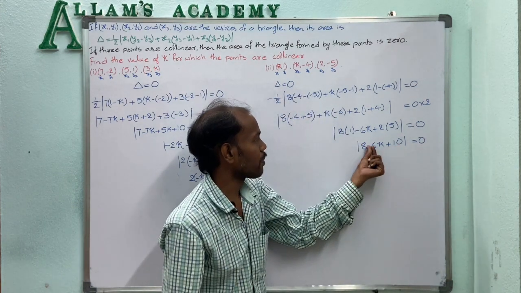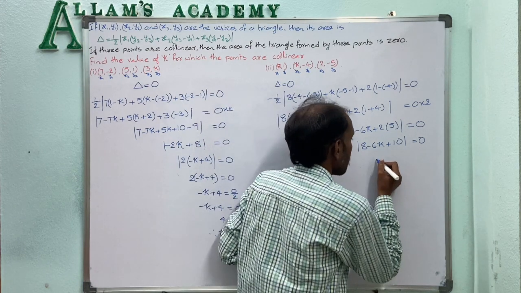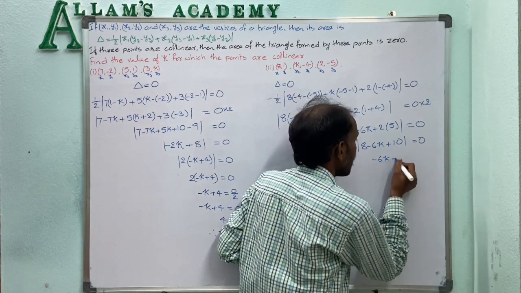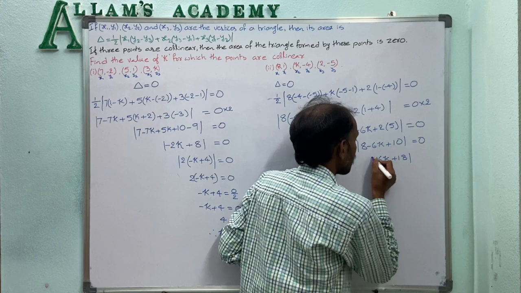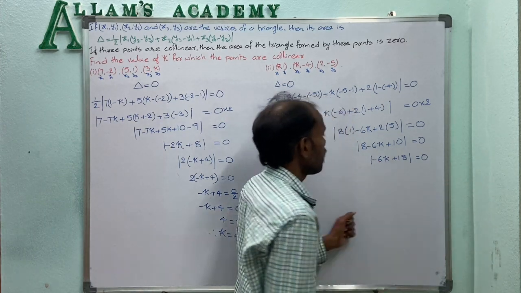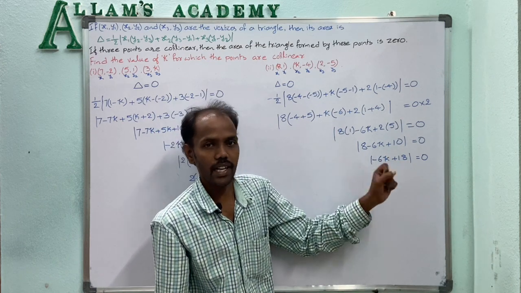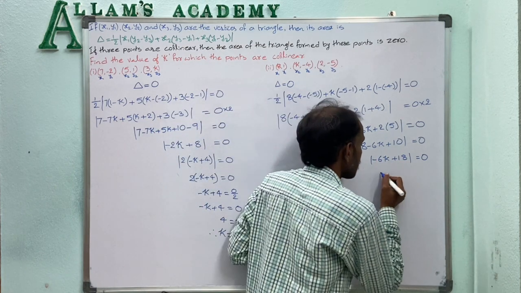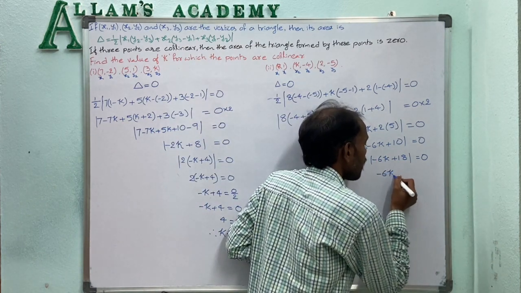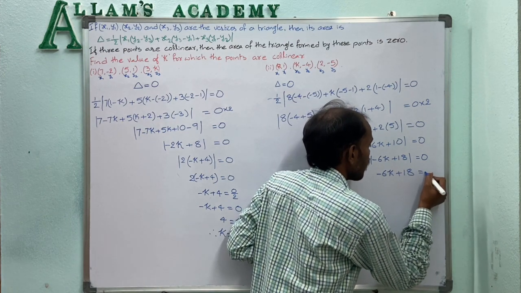So 8 plus 10 is 18: minus 6k plus 18 is equal to 0. Inside the mod it can be positive or negative, we take positive only, as already said. That means -6k plus 18 is equal to 0.